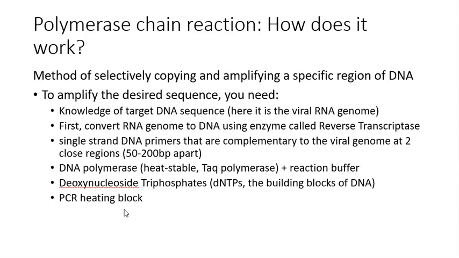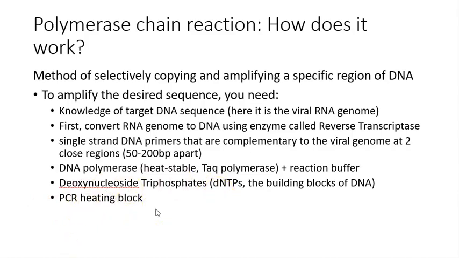So we've got this 30,000 nucleotide stretch of RNA that's been converted to cDNA, and we're going to bind two pieces of DNA to that in close proximity to each other, and the region between those two primers is going to be selectively amplified using a DNA polymerase enzyme, which I'm going to go through.